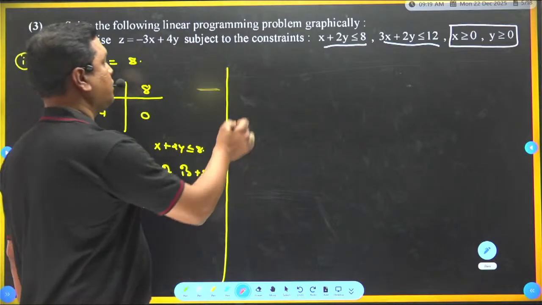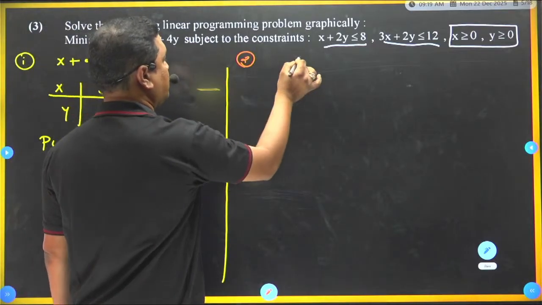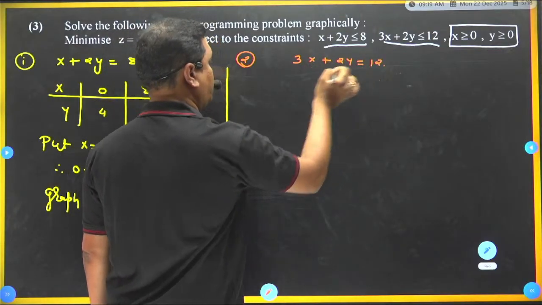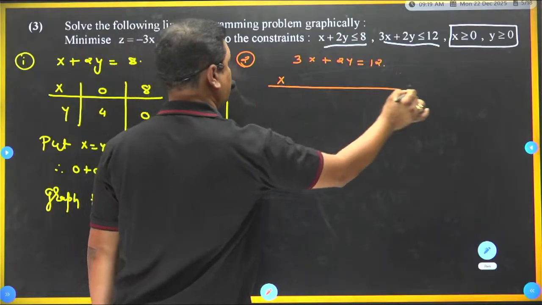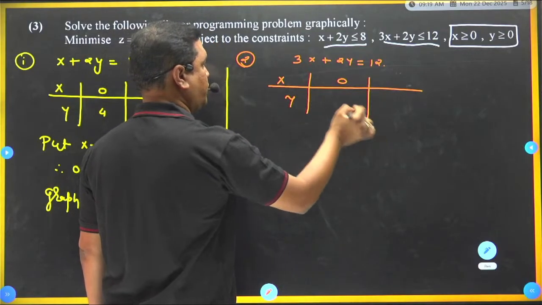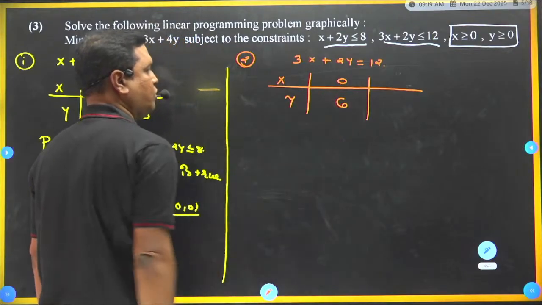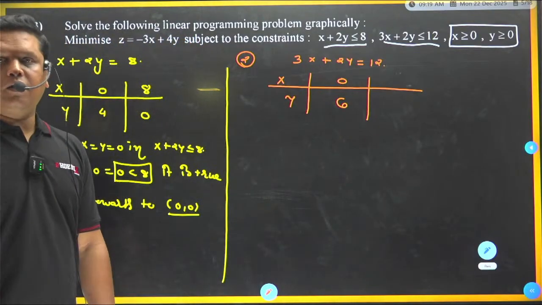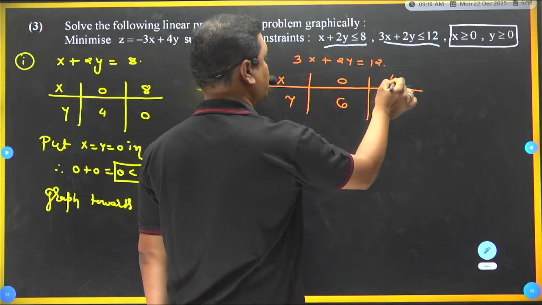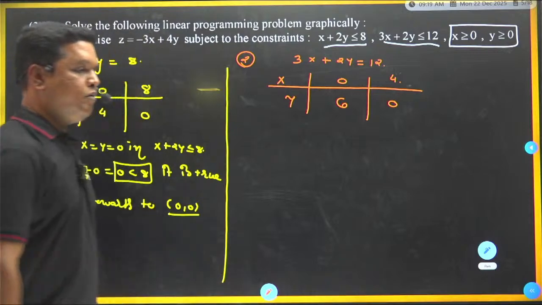Second, 3x plus 2y equal to 12. So one time x is 0, then y is 6; second time y is 0, x is 4.